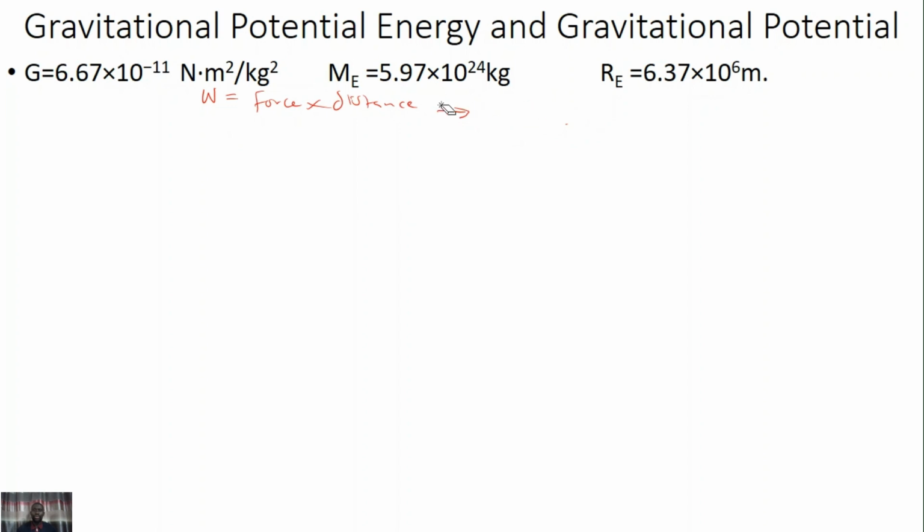Now let's go back to the concept of gravitational potential energy. You can recall from Newton's law of universal gravitation, in my earlier video, I said Newton's law states that every object in the universe attracts each other with a force that is directly proportional to the product of their masses and is inversely proportional to the square of the distance between them.